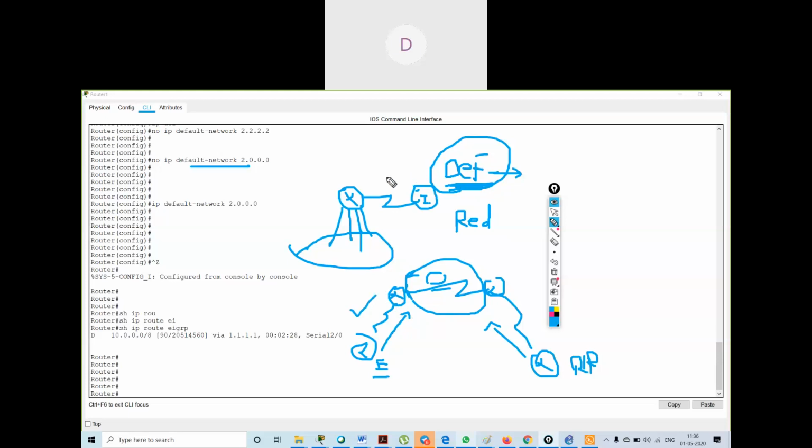But in this scenario, why is the redistribution command given? Because here, if you see, we have configured a static default route. It is also a type of routing protocol, and here also we are running a type of routing protocol. So what we are doing is advertising one routing protocol into another routing protocol. This is what redistribution is.